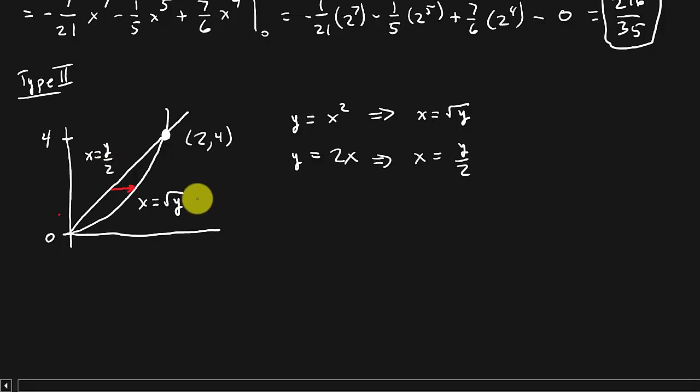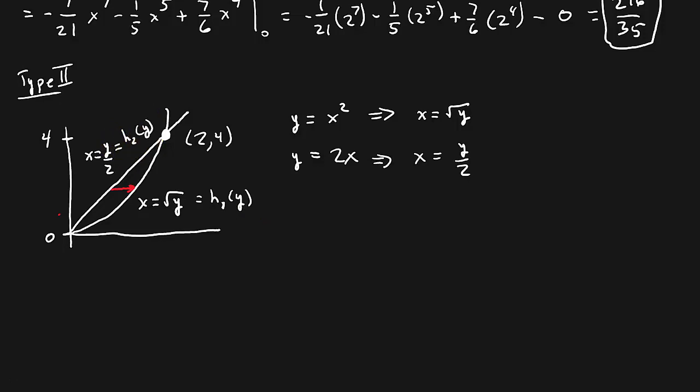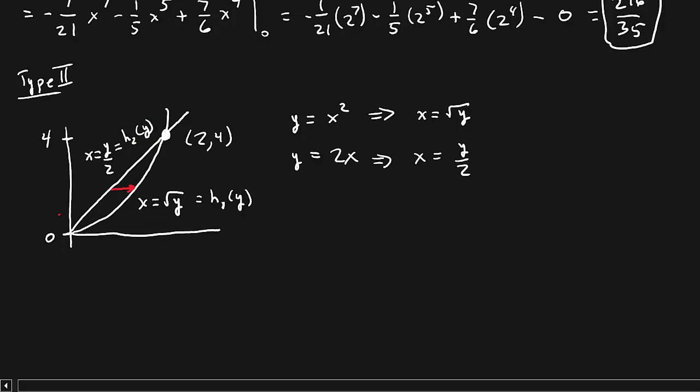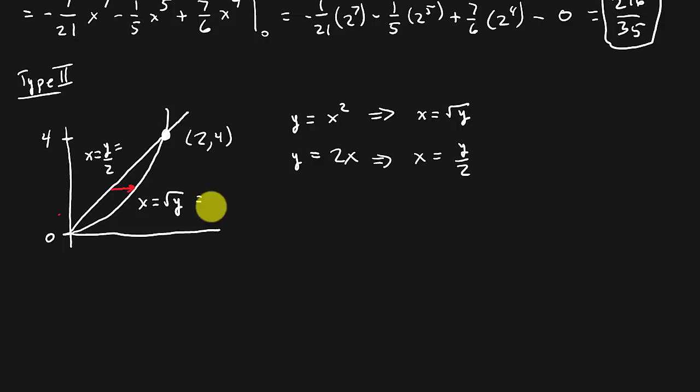We're just writing them in terms of y instead of x. So what is this? This is h1 of y, and this is h2 of y. And that is not correct. I told you wrong. I guess I was thinking about the g1 and g2.